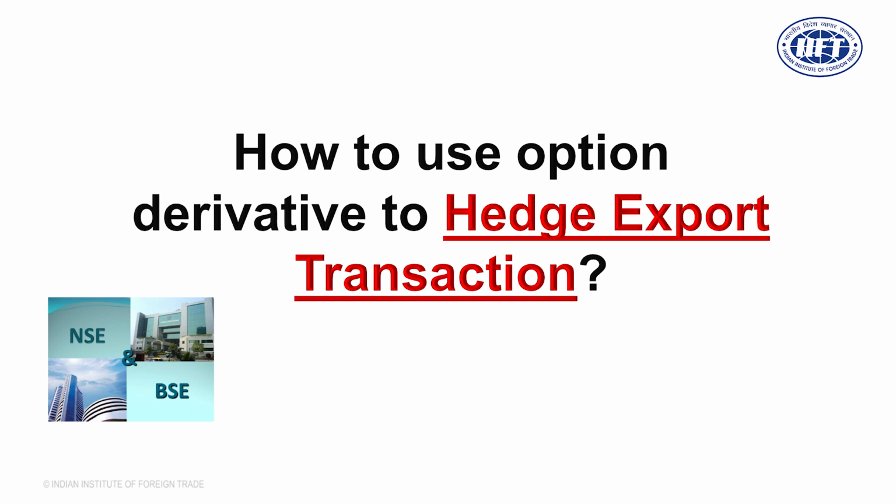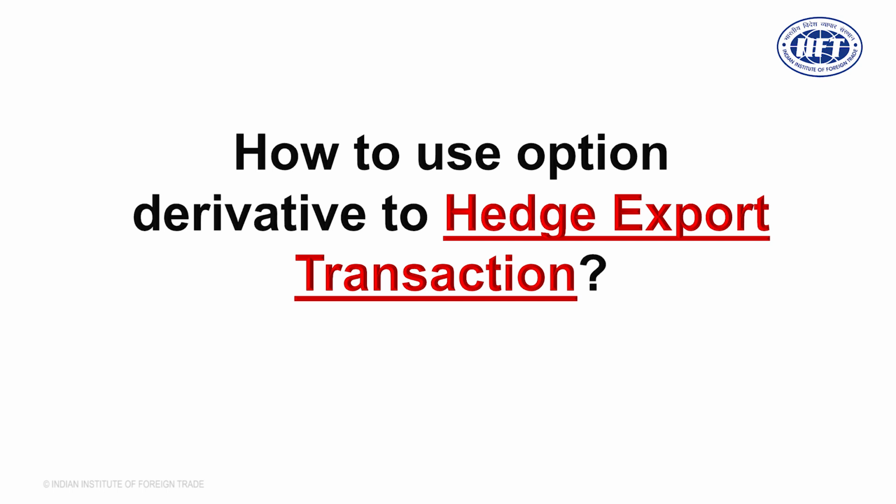You can buy an option from the bank. Which option? Put option. And the bank will give you the rate which will be applicable to your export transaction, and they will charge an upfront premium from you.